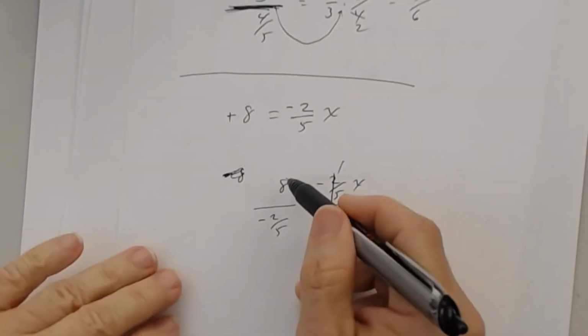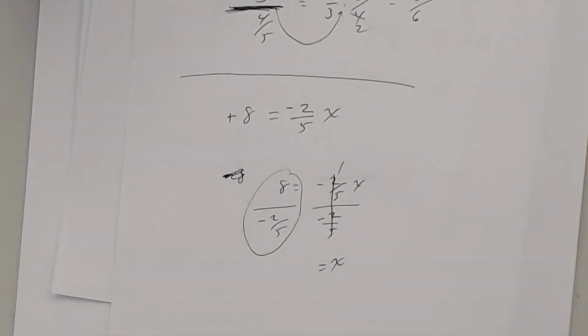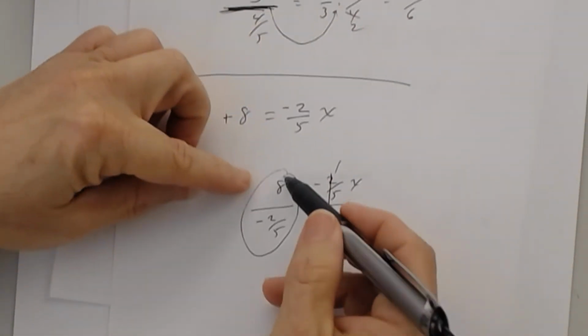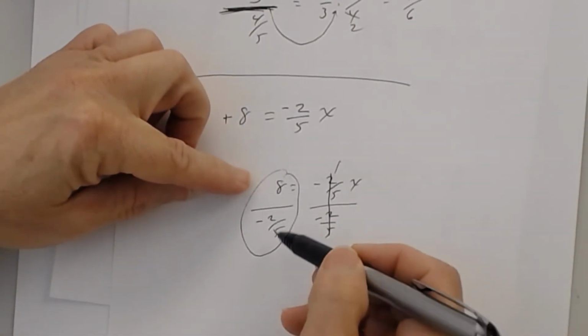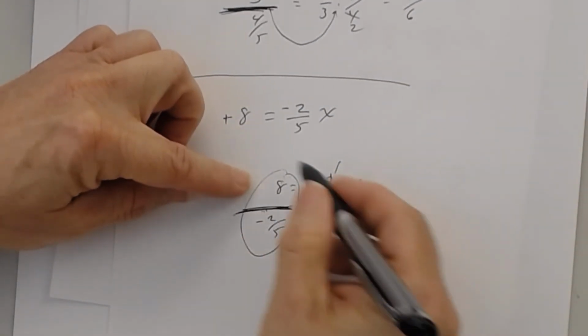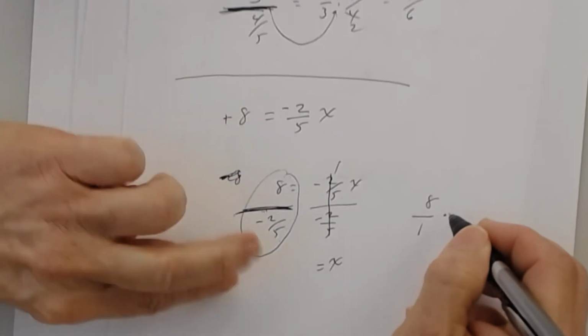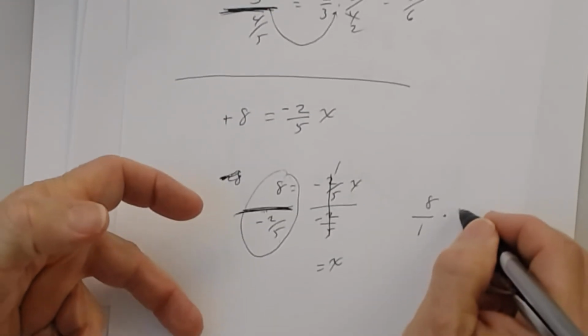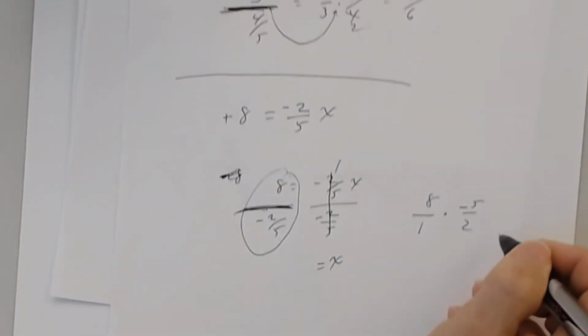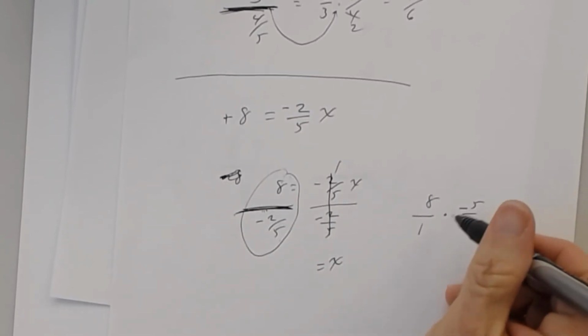Now I've got to remember something from a while back. I'm dividing fractions, so I've got to change this right here to a multiplication. So it's the numerator, which is 8 over 1, times the reciprocal of the denominator, which is -5 over 2. And then if you can reduce, reduce first.